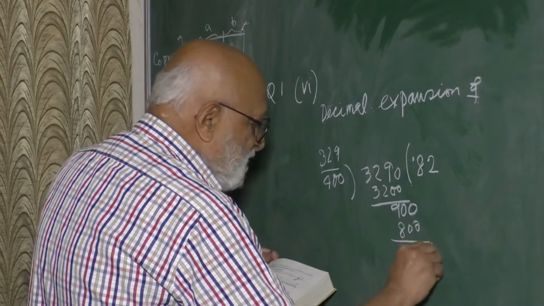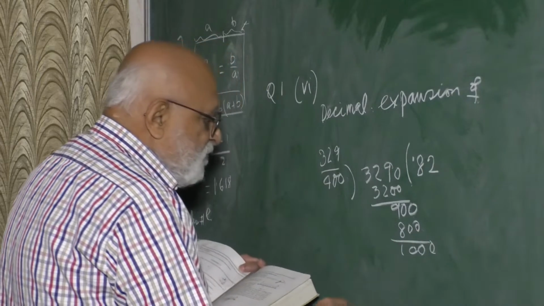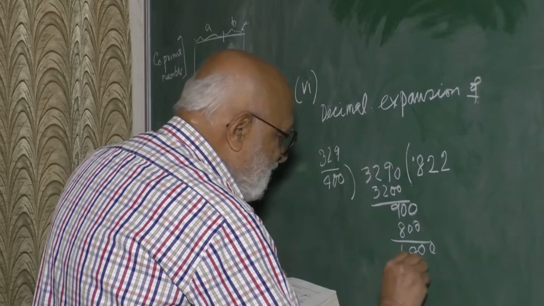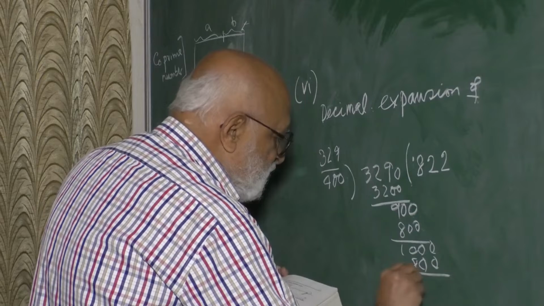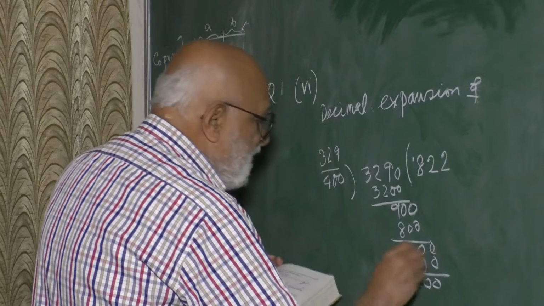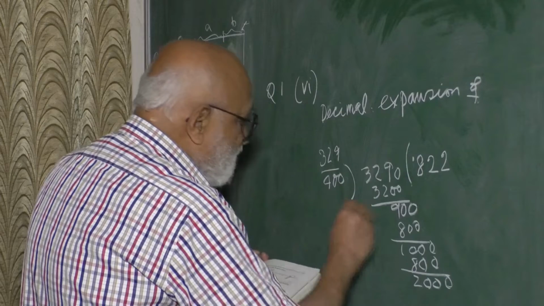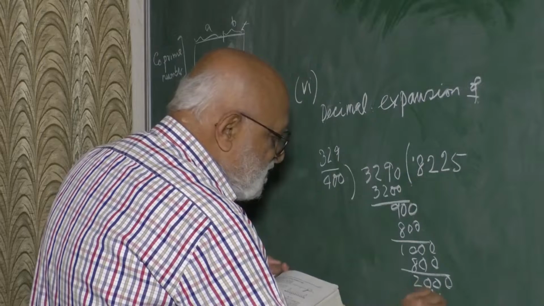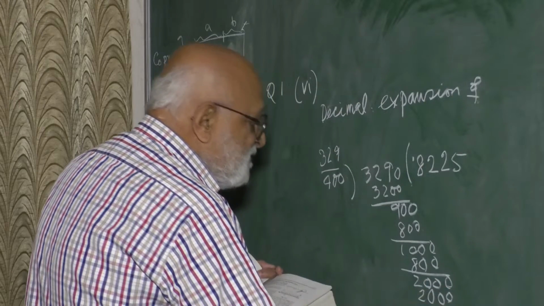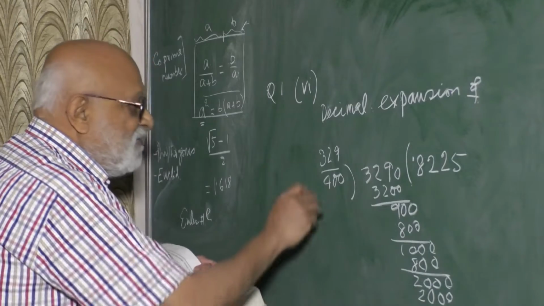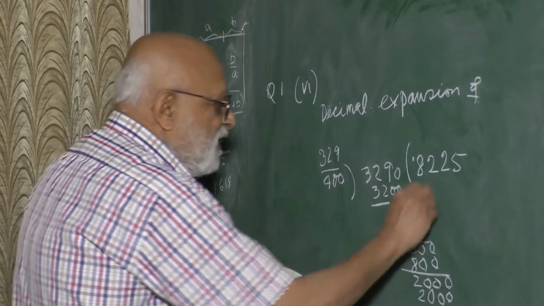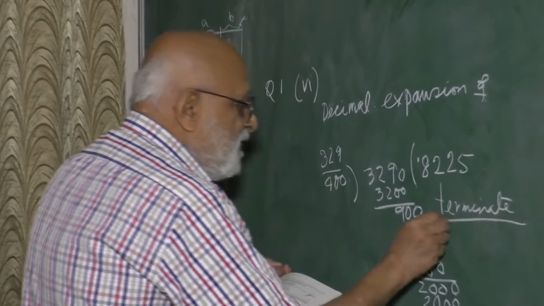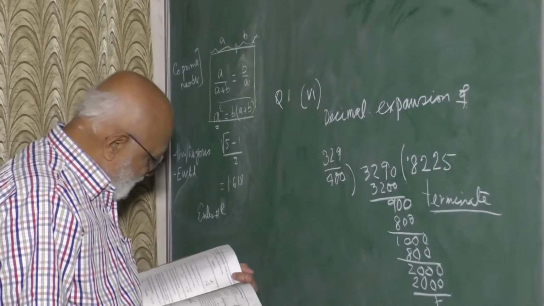Again you put a 0 here, again there would be 2, again this would be 800, so you get a 200 here, again you put a 0, so it becomes 2000, so this would be 5. So this is straightforward. 2 0 0 0, and this ends here. So this is a straightaway decimal expansion, and this terminates. So this is a straightforward question.